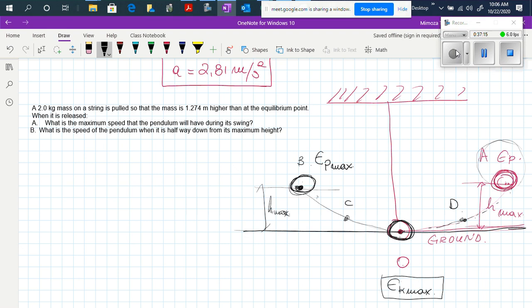At point C, we will have kinetic and potential, which is equal to either the maximum kinetic or the maximum potential, because those two are the mechanical energy of the system.